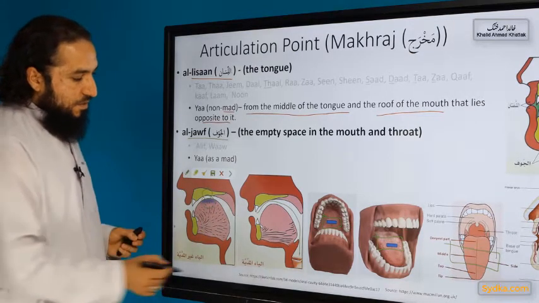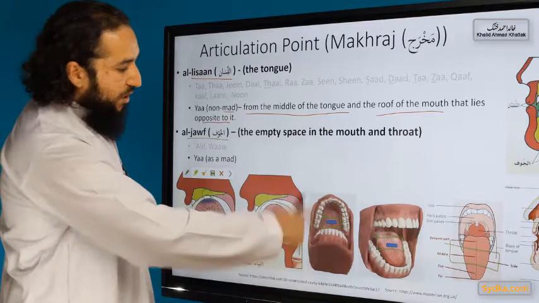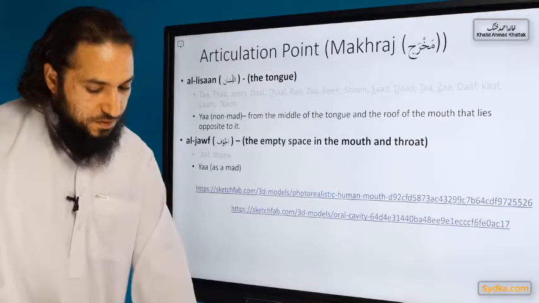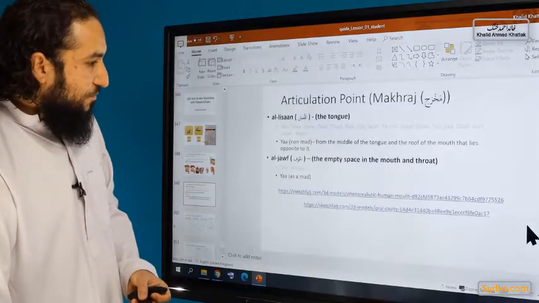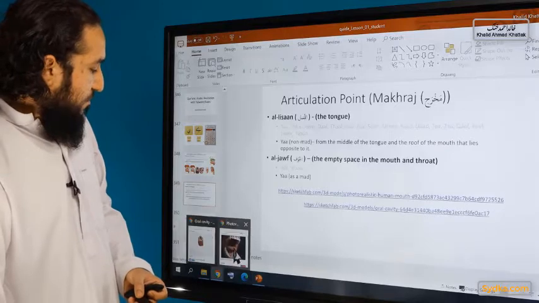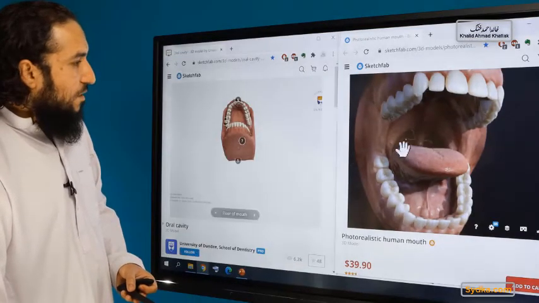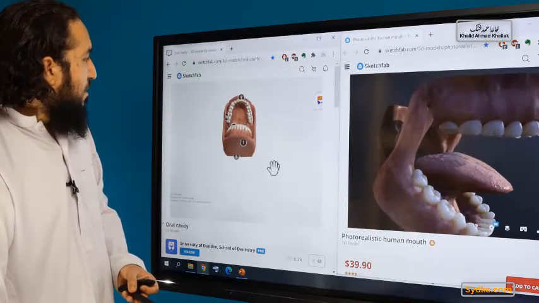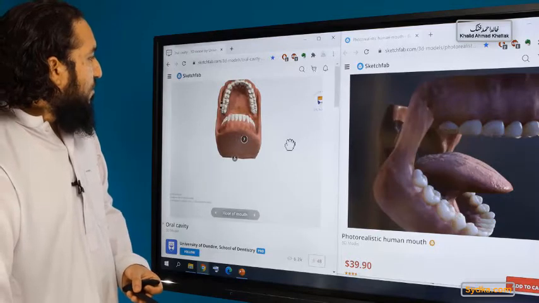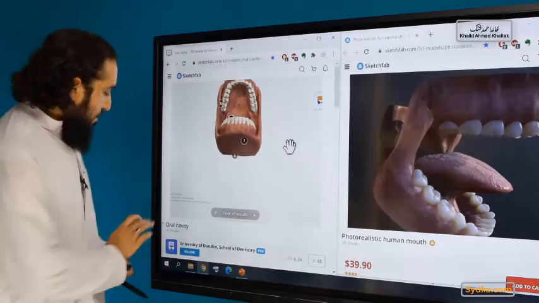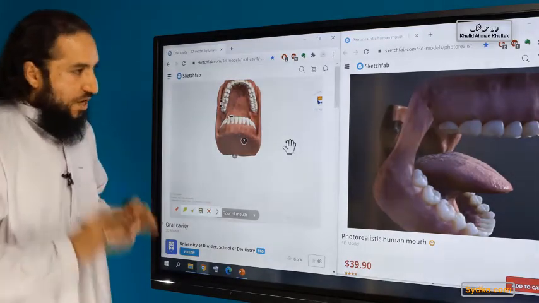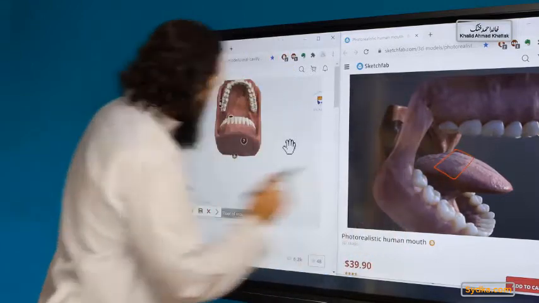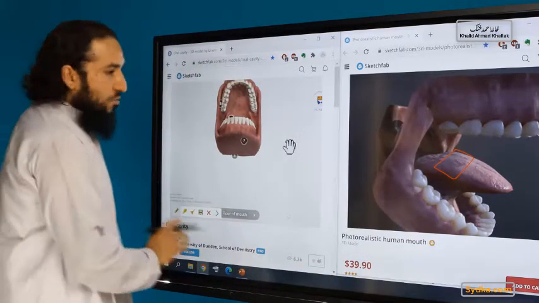Let's explain one of them with the 3D model, when it is a consonant.